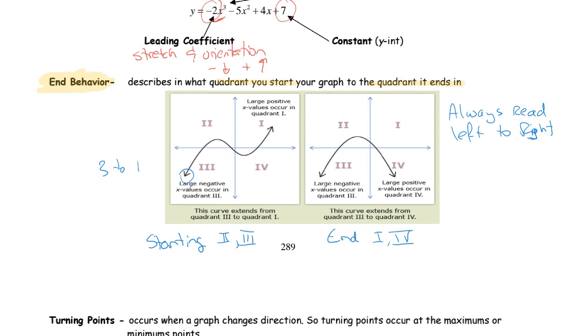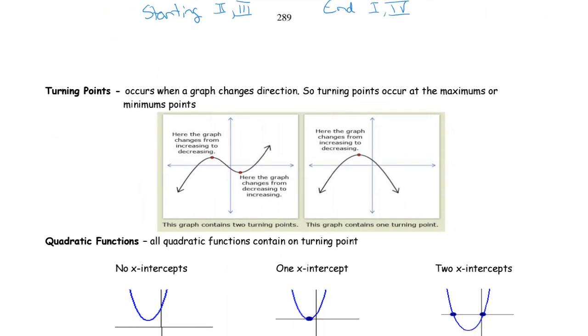Whereas over here, this one also starts in quadrant 3, but this one goes up into quadrant 2, up into quadrant 1, and then it comes down into quadrant 4, 3 to 4. And that's what we mean by end behavior.